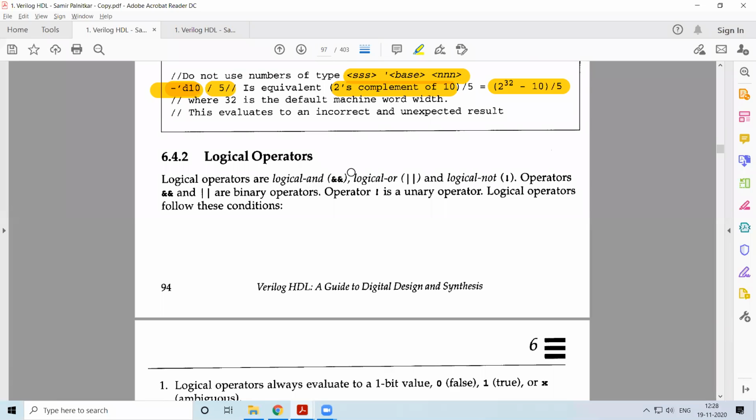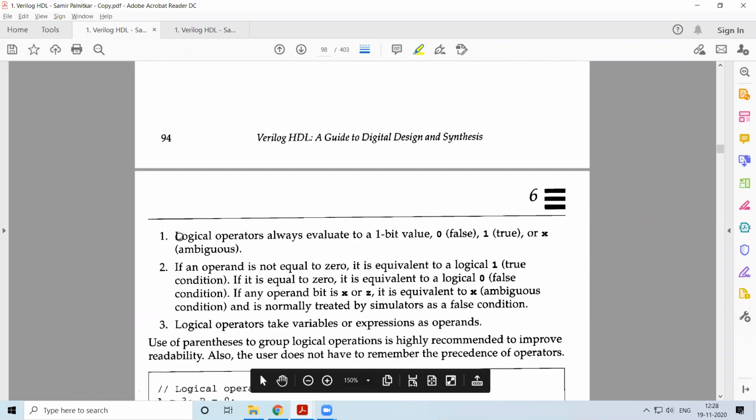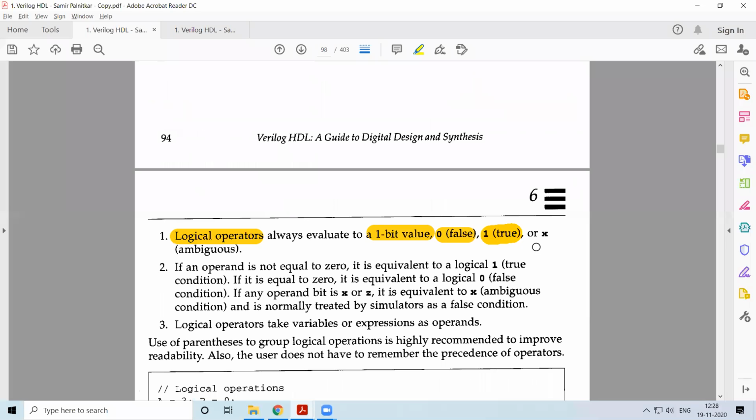Then we discussed the logical operators. The output of a logical operator is a one bit value. It is either true or false. Another special condition which comes is X, that is an ambiguous value. When does an ambiguous value come in?